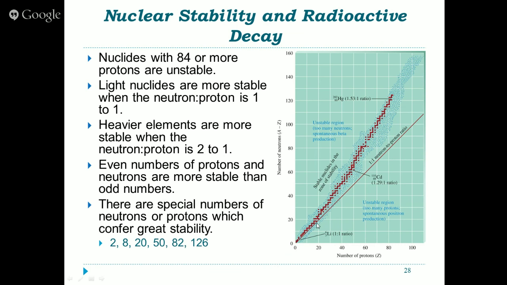We can also look at the ratio of protons to neutrons to predict whether we will have beta ray production or positron production. And remember, if we're going to produce a beta ray, that is an electron, so we're giving off something that is -1. In doing that, we're actually going to increase the ratio of protons to neutrons, because there are too many neutrons.